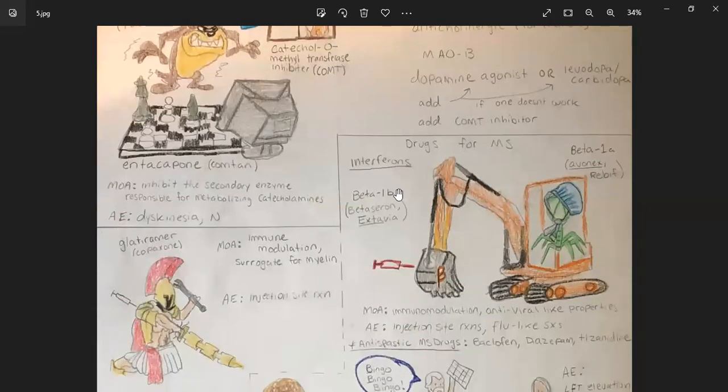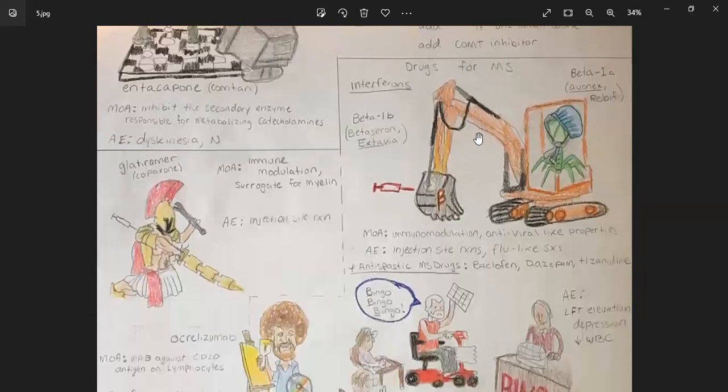So switching gears again, we are now going to talk about drugs for multiple sclerosis. The first class are interferons. Here we have a virus wearing a bonnet who is operating an excavator.